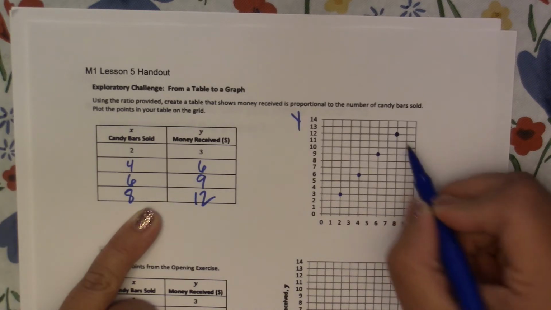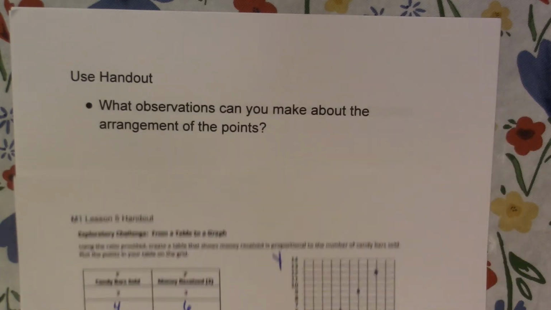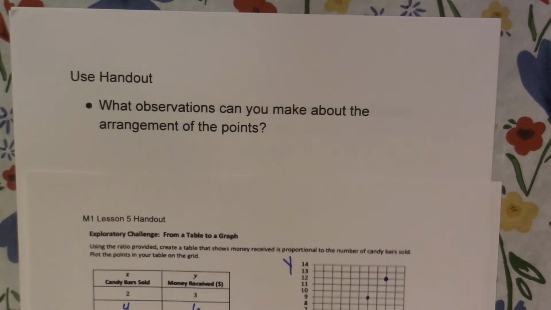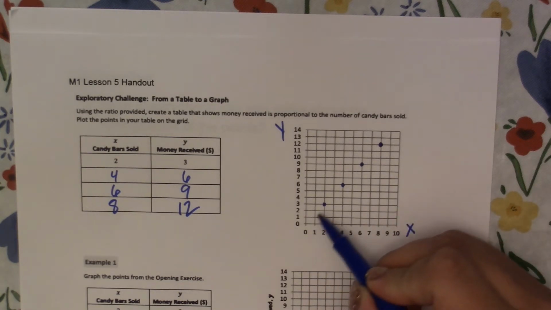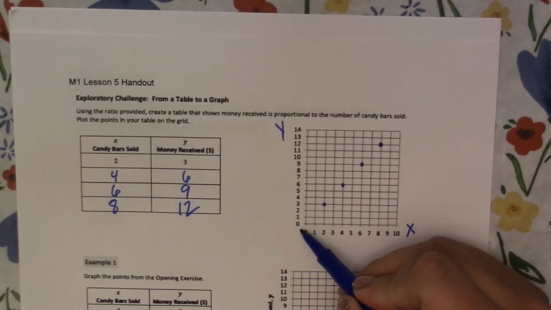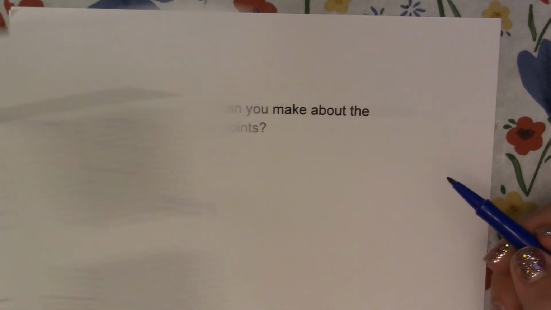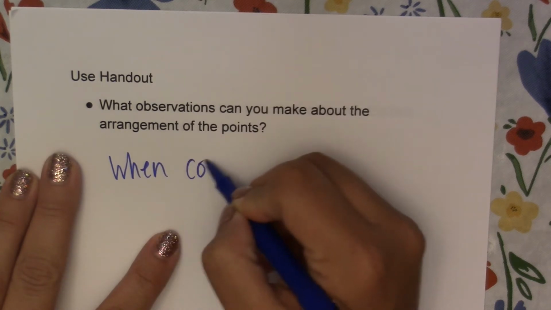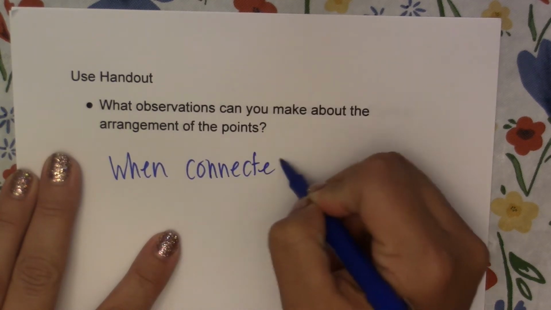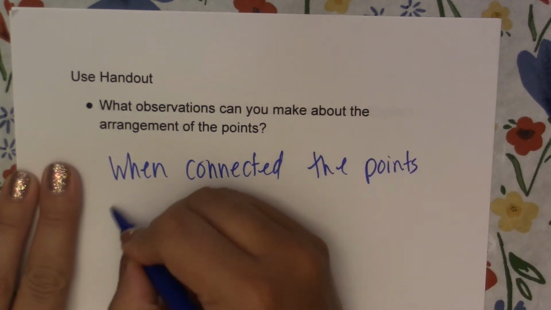There we go. All right, so our next question says, what observations can you make about the arrangement of points? So if we look at these points, if we were to connect all of these points together, they would make a line. So I'm going to say, when connected, the points make a line.